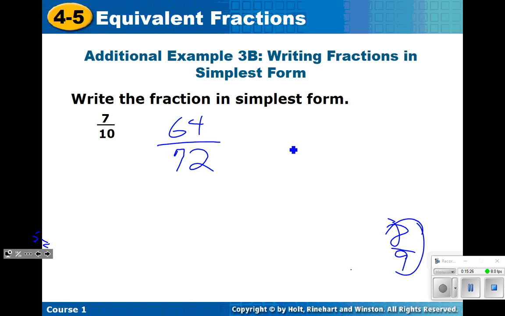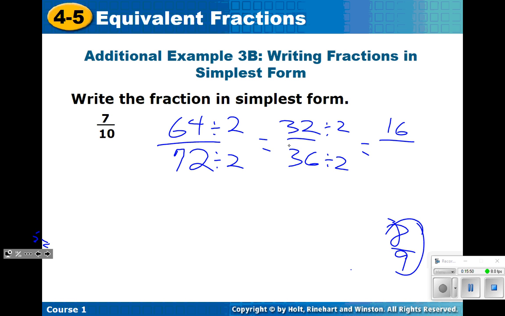Honestly, probably most of you will just see that it's even, so you'll divide by 2, and then you're going to go, well, what's 64 divided by 2? And you'll end up with 32 over 36. And then it's still even, so you'll divide by 2, and you end up with 16 over 18.